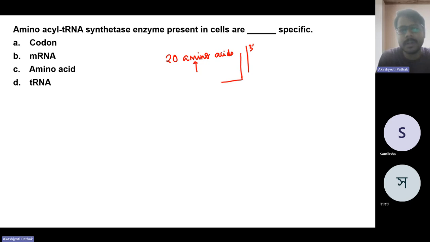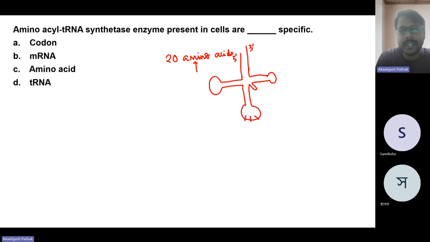So if this is your tRNA molecule, this is your 3' end and this is the 5' end. Depending on the sequence in the anticodon loop, that particular amino acid has to be attached to the 3' end of the tRNA.